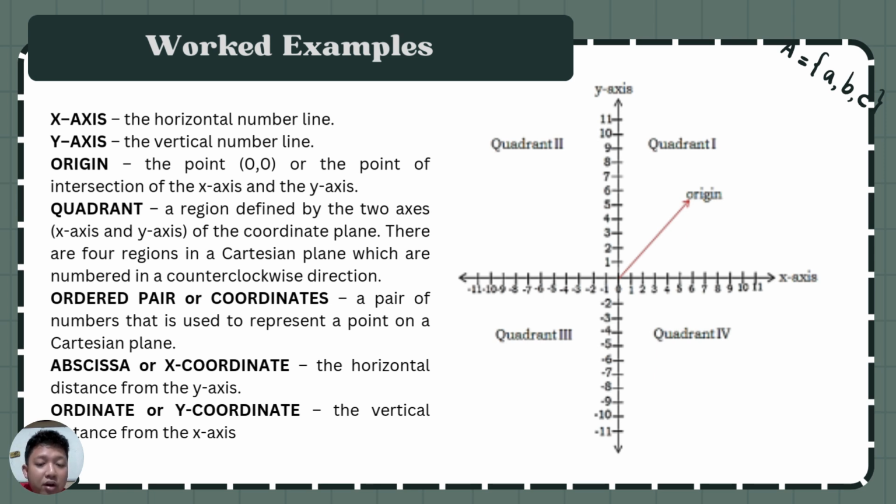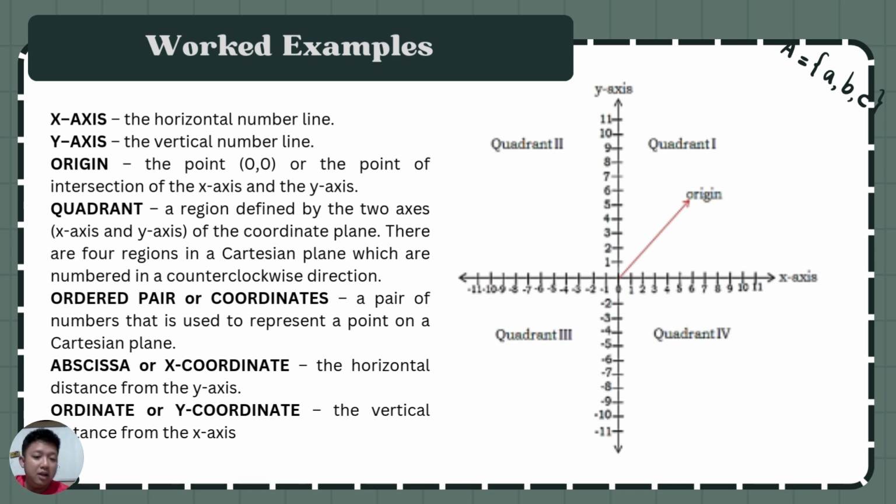So if the question asks what is the location of the origin, the answer is 0, 0. And that is what we call an ordered pair or coordinates. Based on the definition, it is a pair of numbers that is used to represent a point on a Cartesian plane.